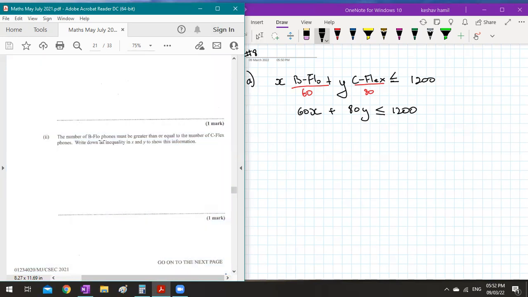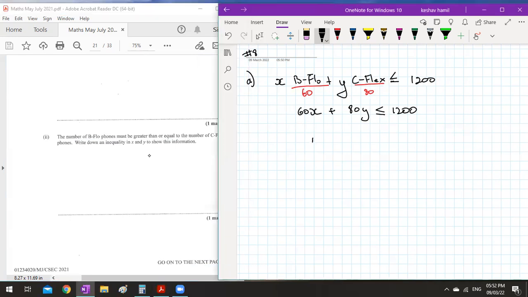The number of B-Flow phones must be greater than or equal to the number of C-Flex phones. Write an inequality for this. So the number of B-Flow phones must be greater than or equal to the number of C-Flex phones.